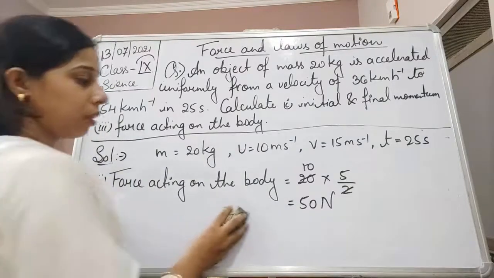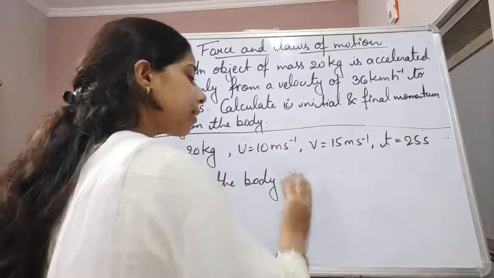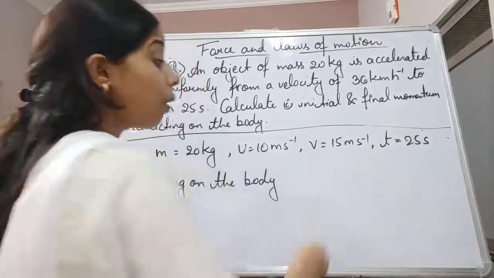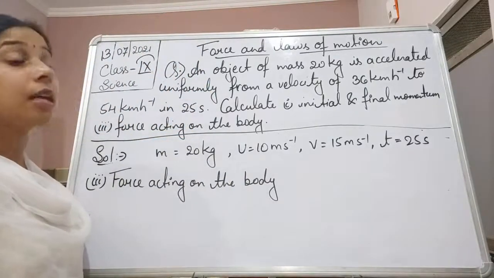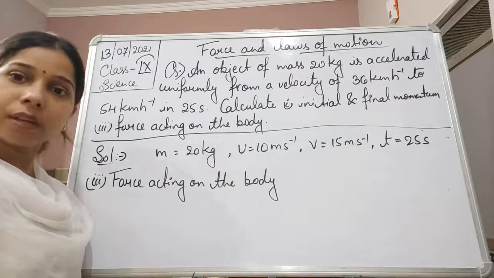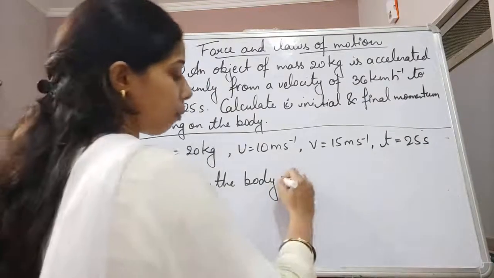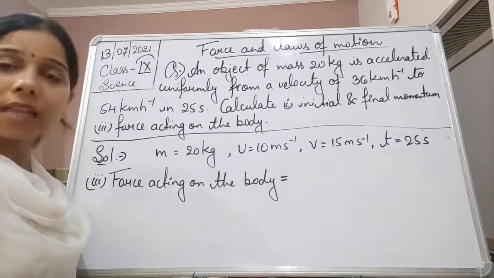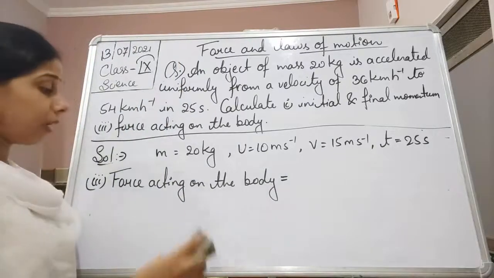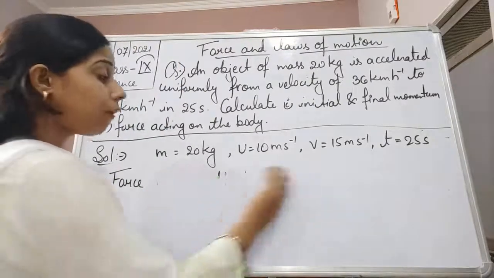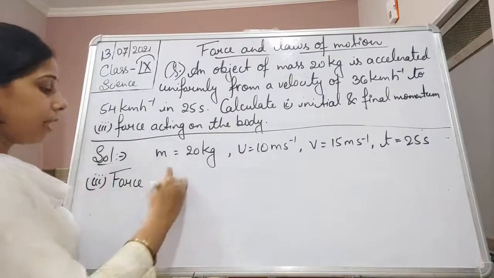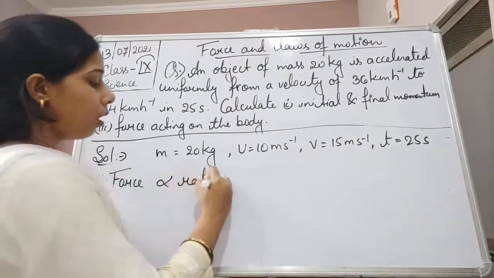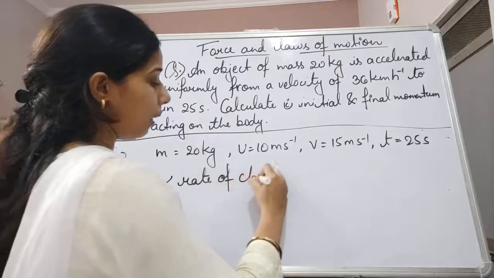One more thing, students: this case we can use for the second law of motion. Here in this case it is talking about the momentum, so let us solve it with the momentum. We know that force acting on a body is directly proportional to the rate of change of momentum.